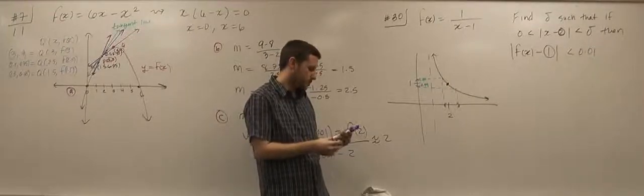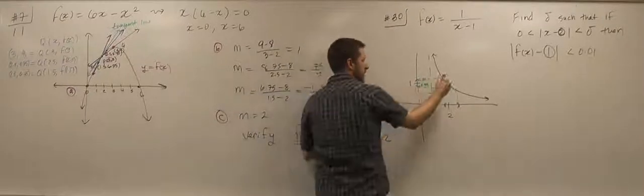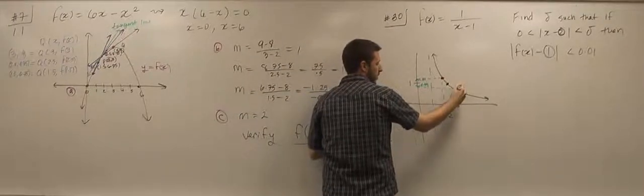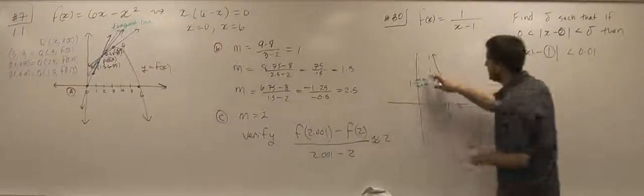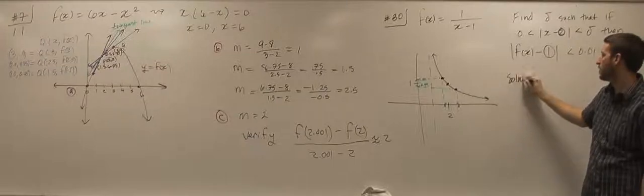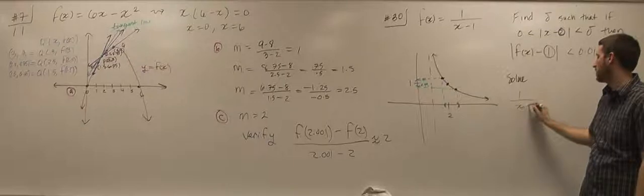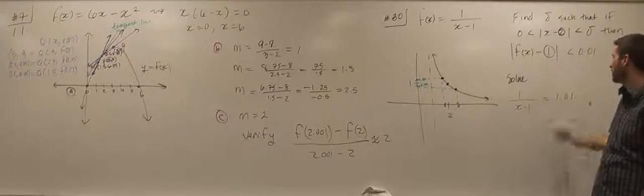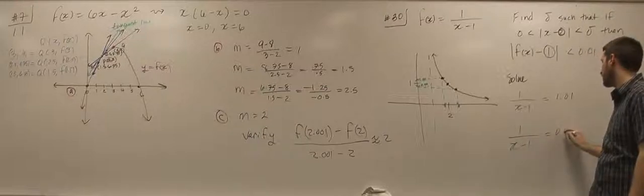So what you do is you basically have to figure out what the x values of these points are. You take your function and set it equal to each of these y values. So you have to solve 1 over x minus 1 equals 1.01, then solve 1 over x minus 1 equals 0.99.